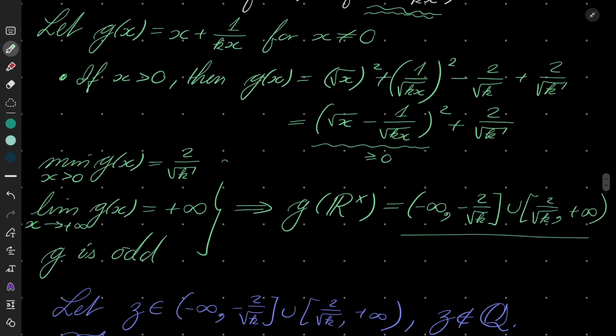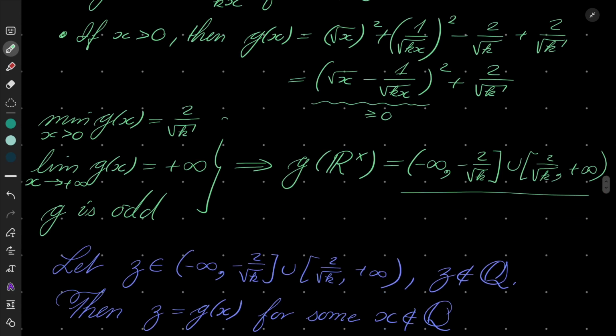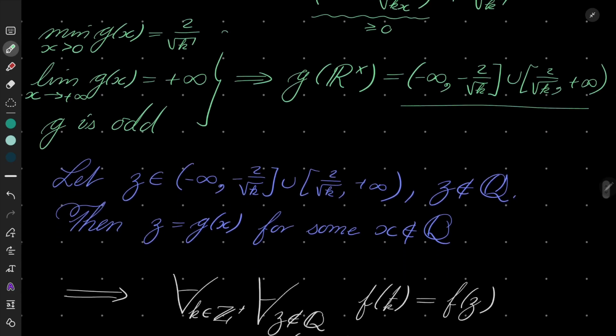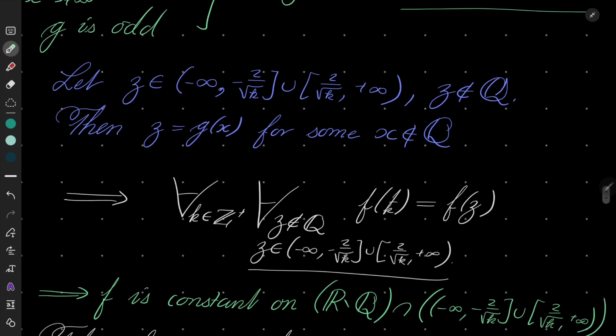And then I have noticed that in fact I can take any rational number from this set, and this value is attained when the argument of function g is also irrational. And that meant that f of 1 over k equals f of z.